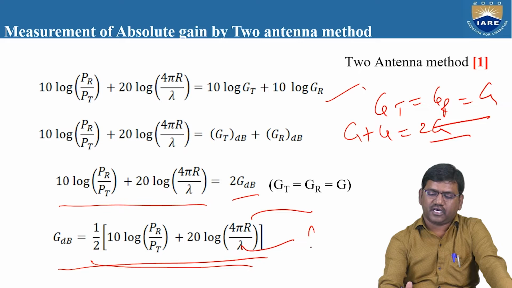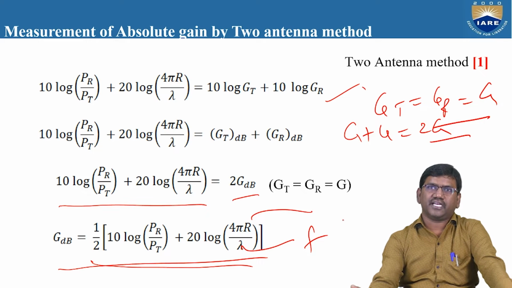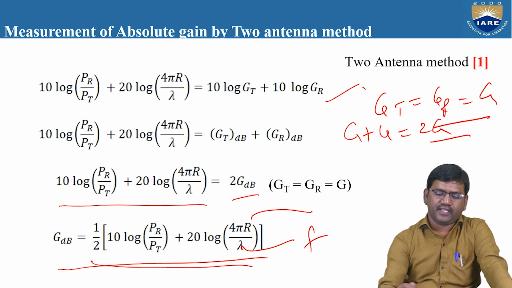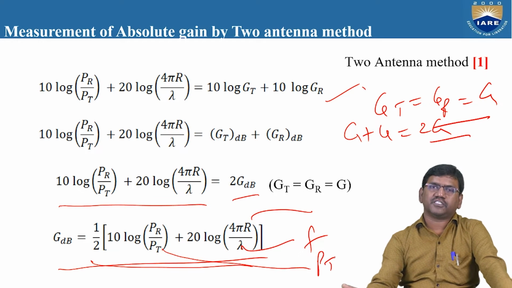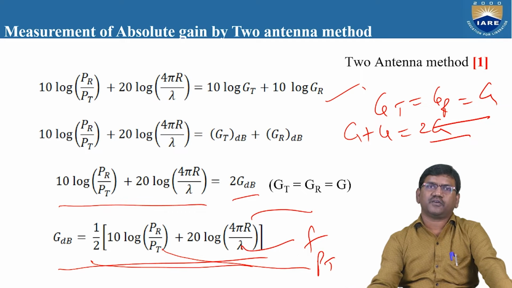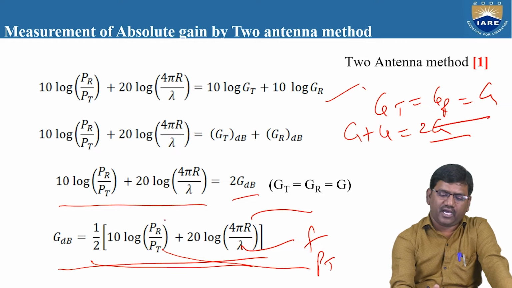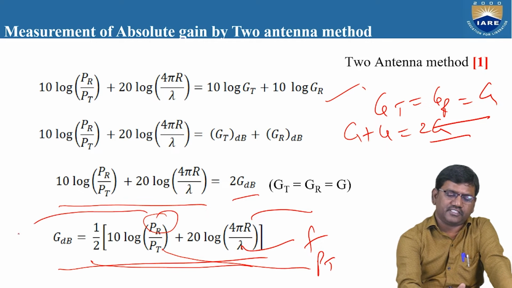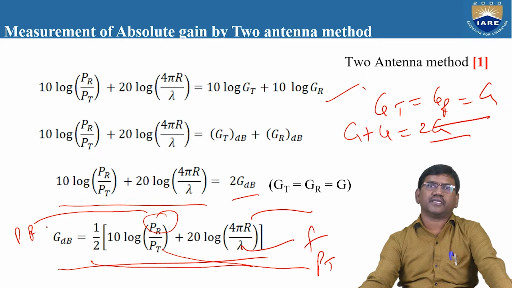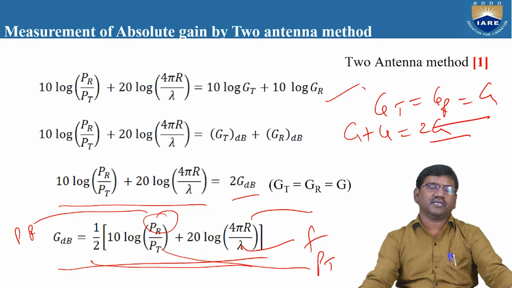Lambda depends upon the operating frequency we apply to the transmitting antenna. PT represents the amount of power given to the transmitting antenna, and PR, the power received, we need to record from the secondary antenna, that is the receiving antenna.